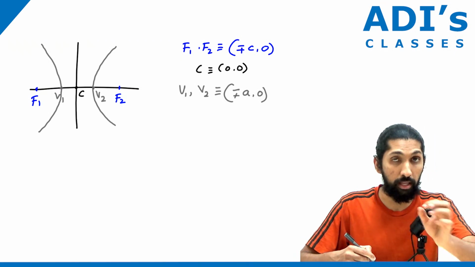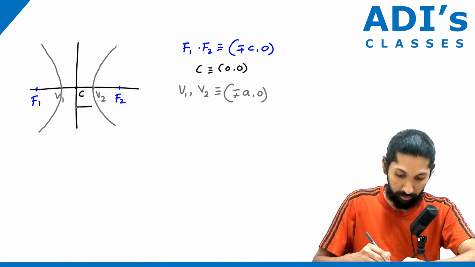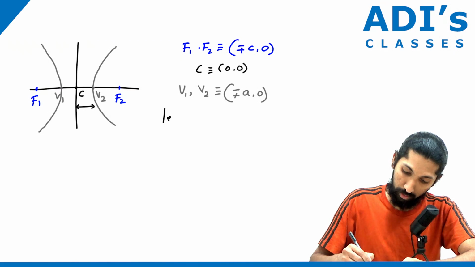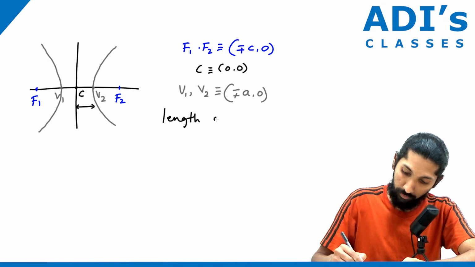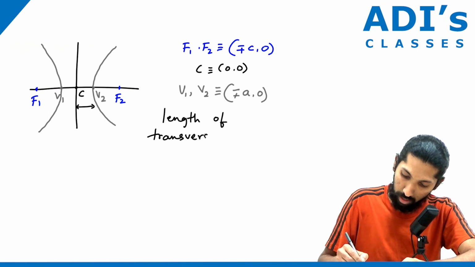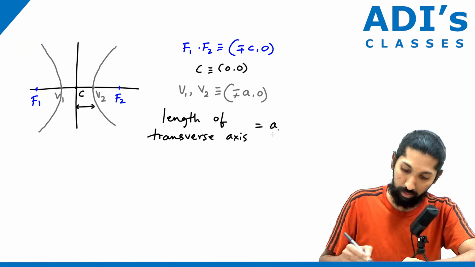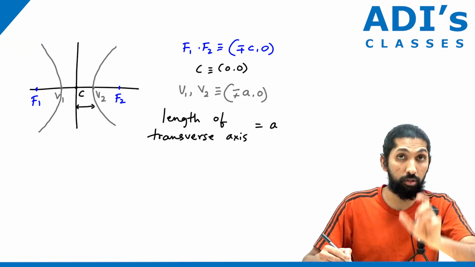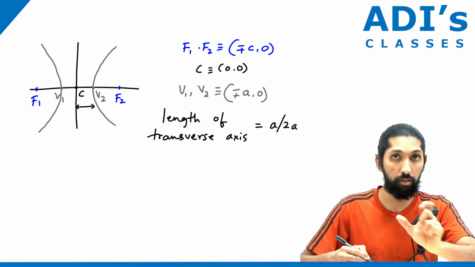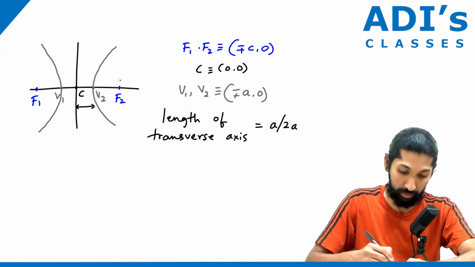And also the length of the transverse axis. The length of the transverse axis is given by a, or if you want the total length, then it's given by 2a. Then same thing, the length of the conjugate axis.